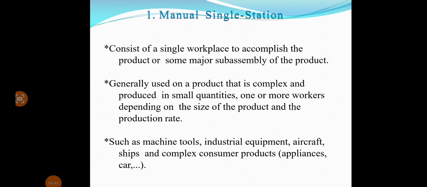Generally, we consider manual workstations for machine tools, industrial equipment, aircraft, ships and complex consumer products.